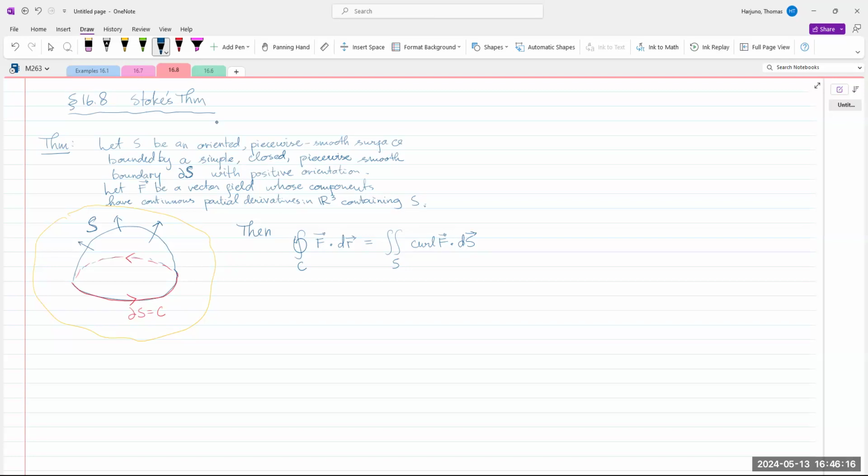So if we want to compute, for example, the curl of vector field F dot dS, one way to do it is to compute the amount of work for the vector field, or in this case the force vector, when we go around the boundary.